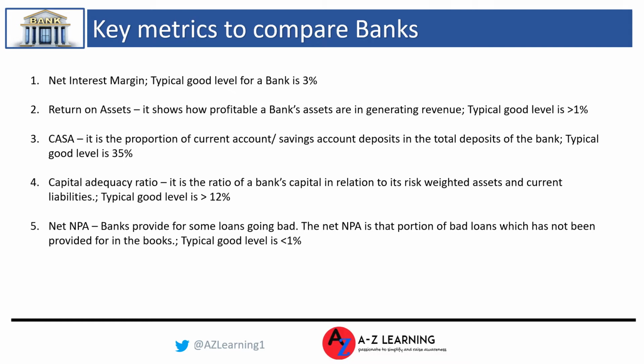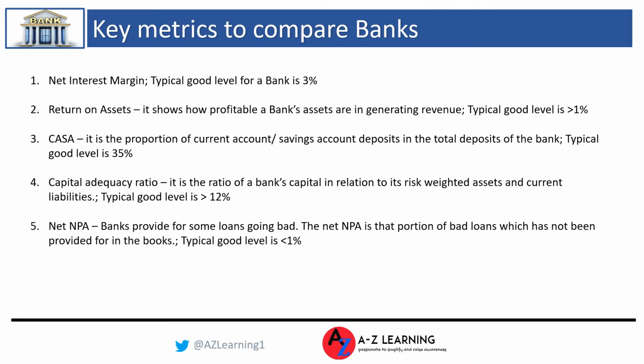If net interest margin is good, the bank is seen as a strong bank. Typically, a good level of net interest margin for any bank is considered about 3%. So if 3% is the net interest margin, or any number which is higher than 3%, the bank is seen to be doing really well.